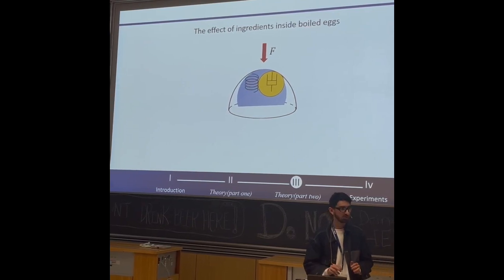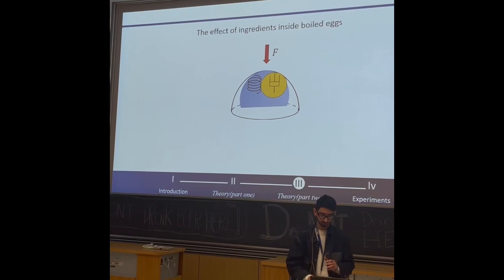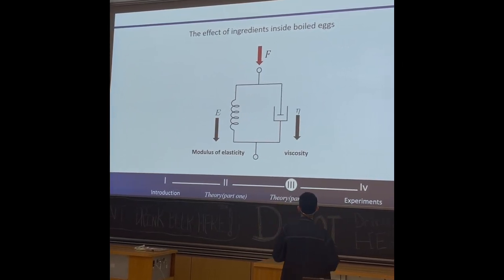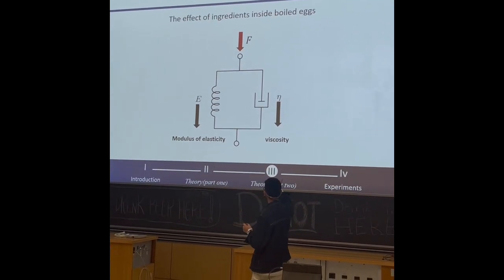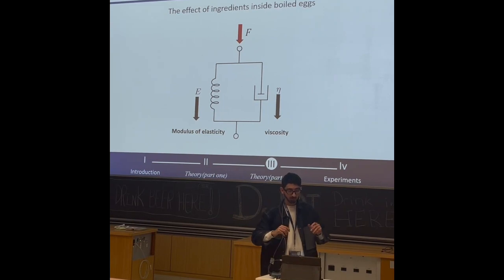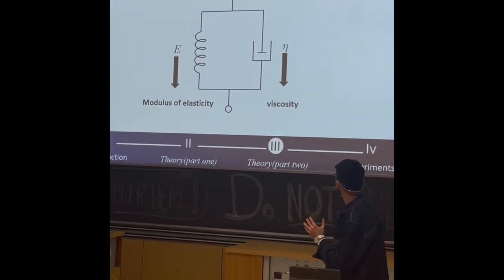And if we model the white part and the yellow part, we can model it like this. When you boil the egg, viscosity increases. And now I want to see how it can help us.